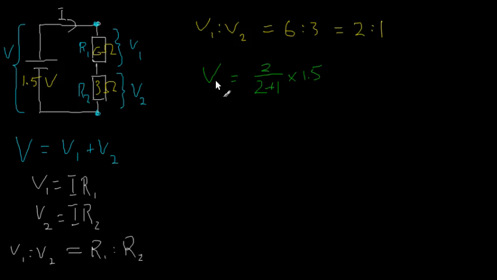My friend V2 would get 1 part out of the 3 parts, so 1 out of 3 of the 1.5 total. If we calculate this, we get 1 volt for V1 and half a volt for V2. So it's a fairly simple idea: just take this overall voltage and share it out in the ratio of the resistances.